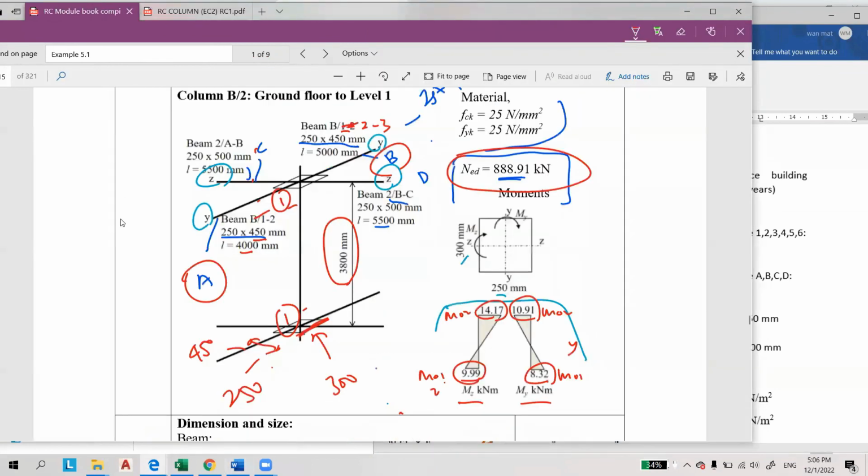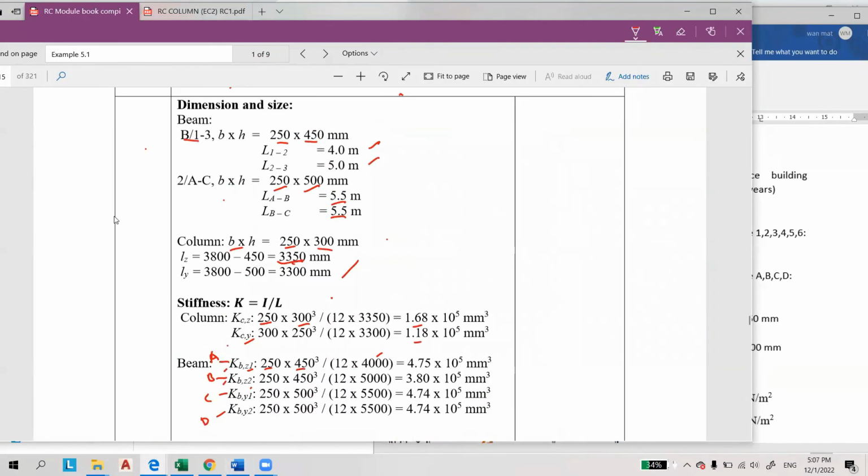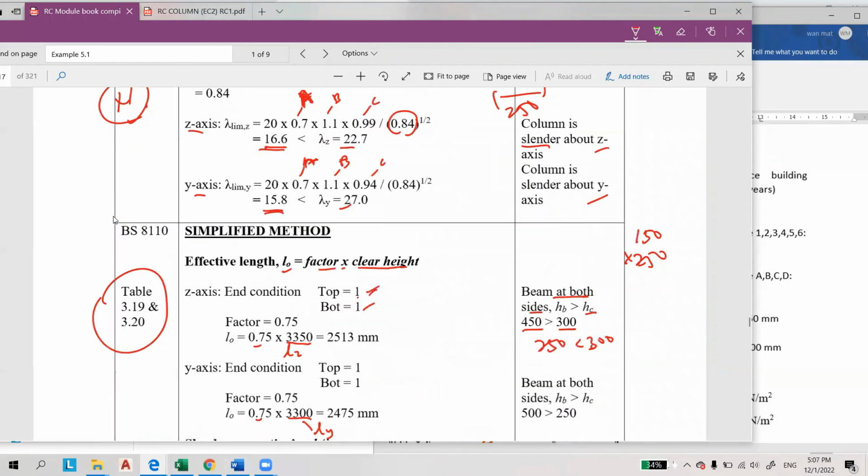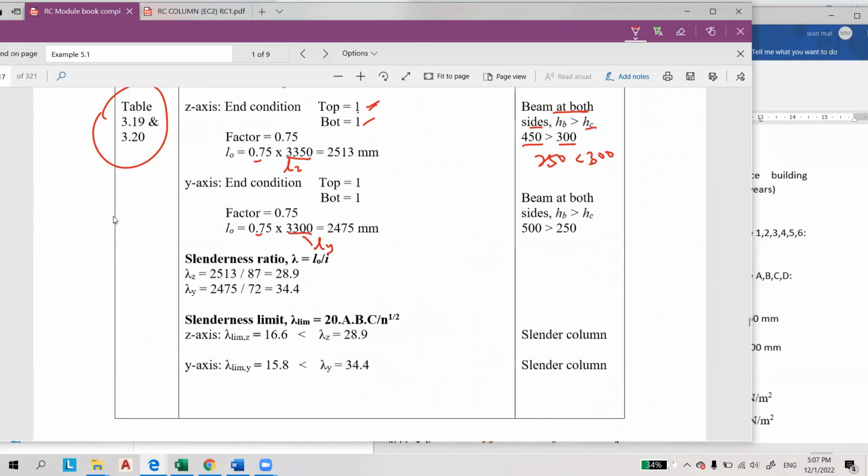So this one is 0.75 times the clear length. This is the effective length.